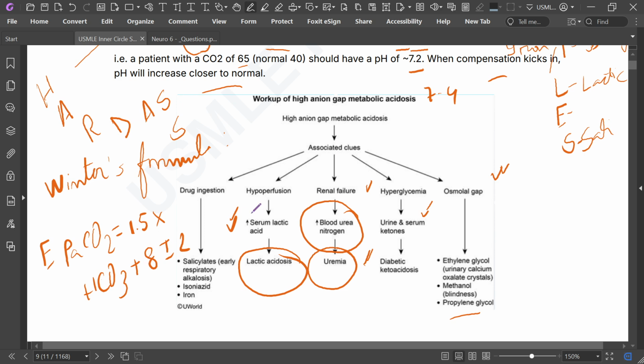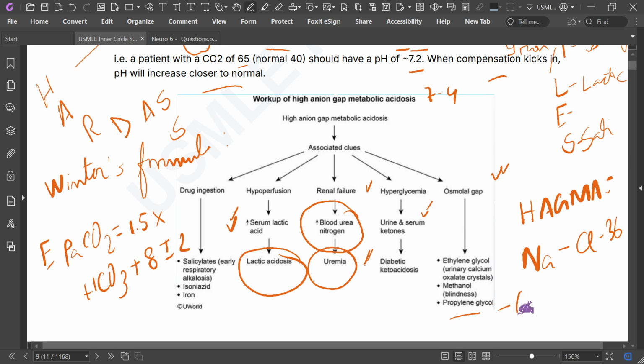If there is HAGMA, high anion gap metabolic acidosis, the delta gap is calculated. We calculate the delta gap as sodium minus chloride minus 36.